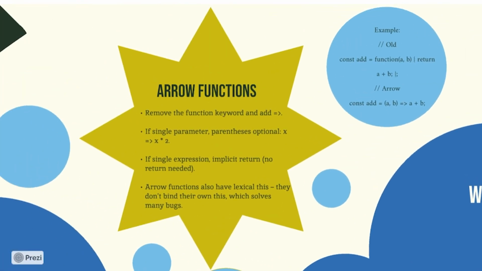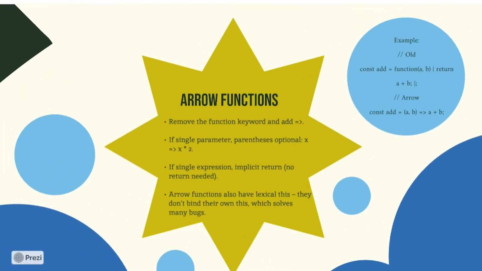Okay. Now, arrow function. An arrow function provides a shorter and cleaner way to write a function in JavaScript. Instead of using the traditional function keyword, we can use arrow function syntax. It reduces the amount of code and how many lines we write. An arrow function is the modern way of writing functions in JavaScript.